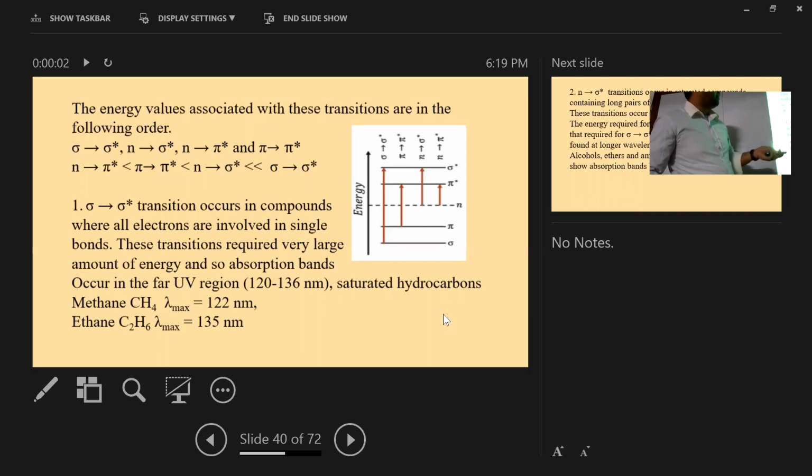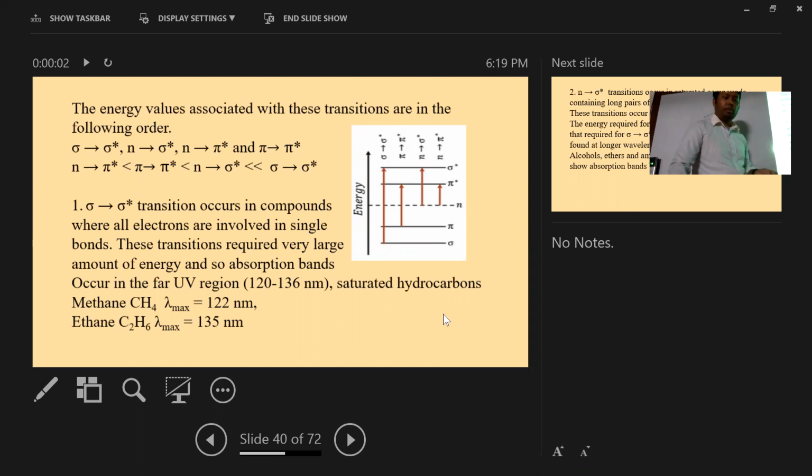I have given some examples: sigma to sigma star, n to sigma star, n to pi star, and pi to pi star. Methane, CH4, has lambda max, maximum absorption, at 122 nanometer, and ethane absorbs at 135 nanometer.